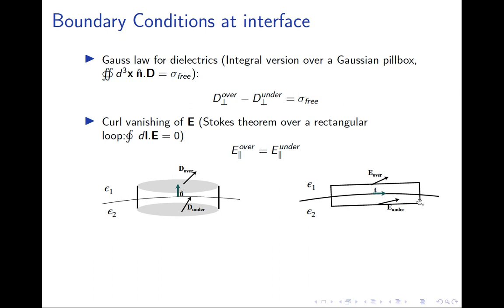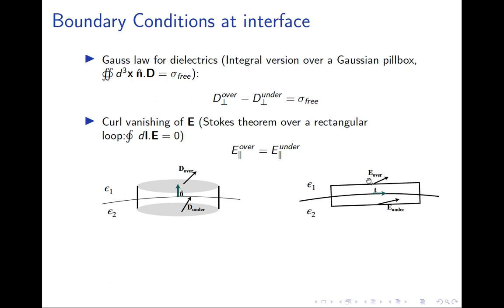Because curl of E is 0, that means the closed-loop integral of E dot dl is 0. So E dot dl from the upper segment and E dot dl from the lower segment should add up to 0. But then we are going anti-clockwise. So the tangent vector for the lower side is the same as this, but for the upper side we are going in the anti-clockwise direction, so the line element in the upper segment is equal to minus t.